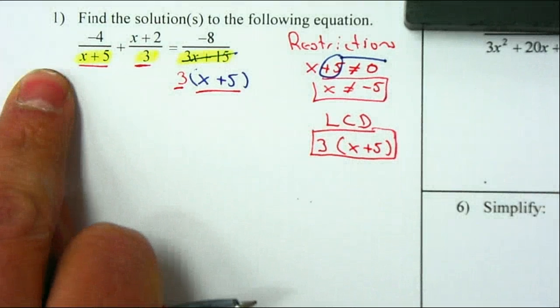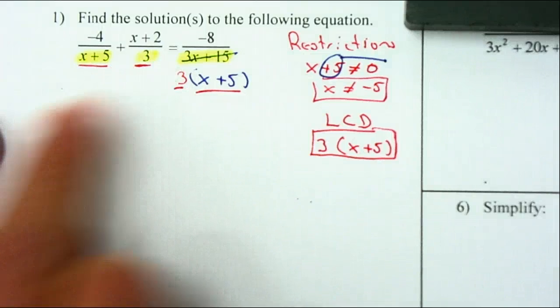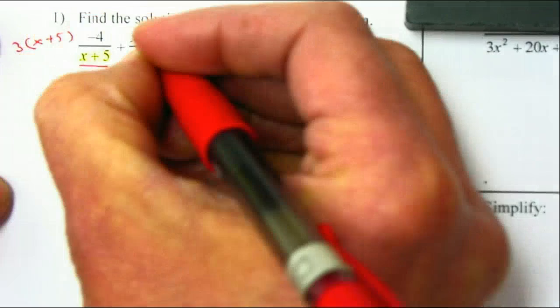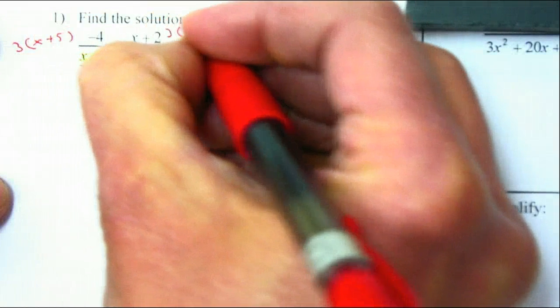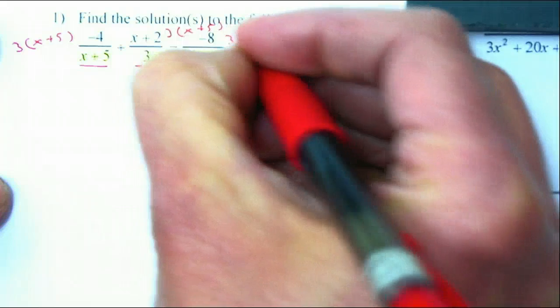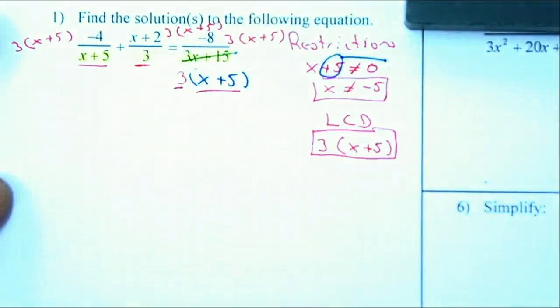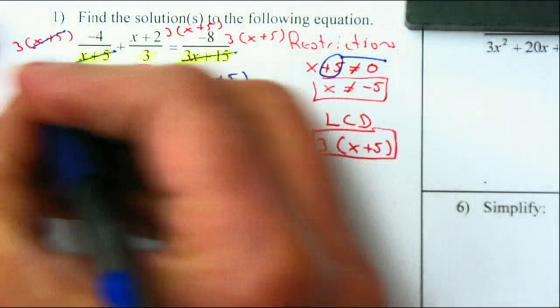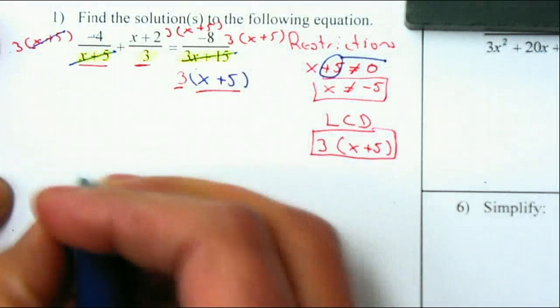I'm going to multiply each of the fractions by 3 times x plus 5. On the first fraction, the x plus 5 cancels, so I just have a 3 times negative 4.